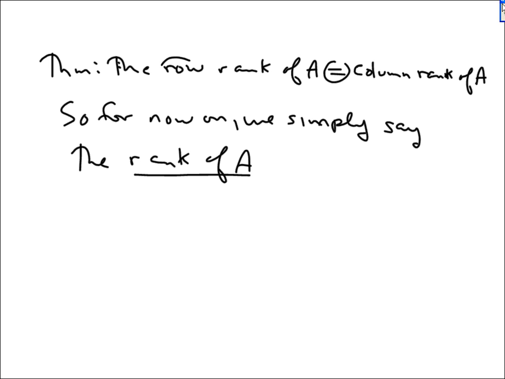If the row rank of A is 7, well then, according to this unproven theorem, the column rank of A is also 7. I think I said if the row rank of A is 11, well then the column rank of A is also 11. They're the same answer. So why not just talk about the rank of A?